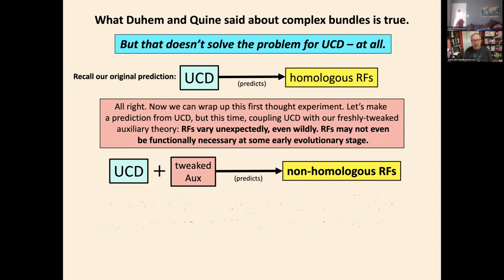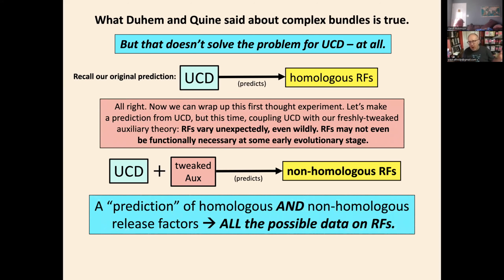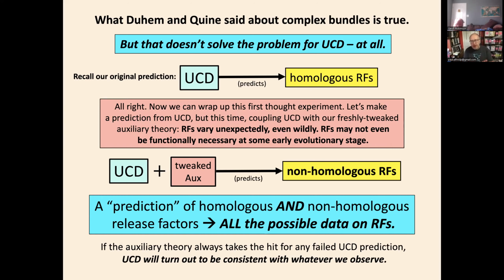Now the problem is we have covered the waterfront. Homologous and non-homologous release factors is all the possible data on these molecular actors. In effect, our theory, universal common descent, will be consistent with whatever we observe with respect to this particular function and the players that carry it out in cells.